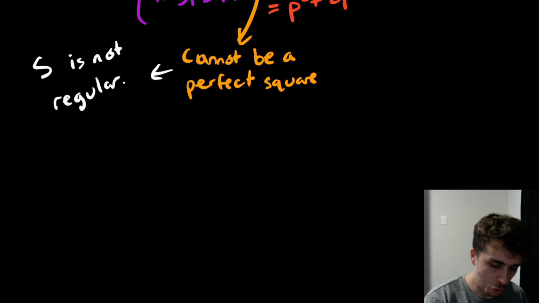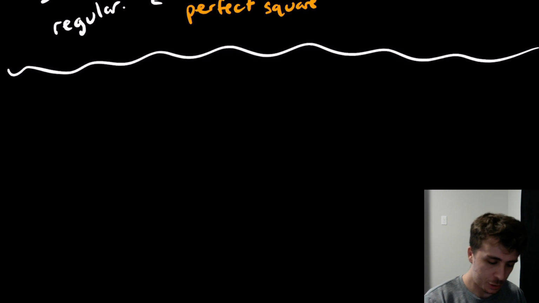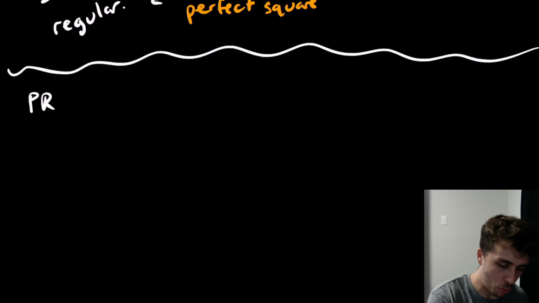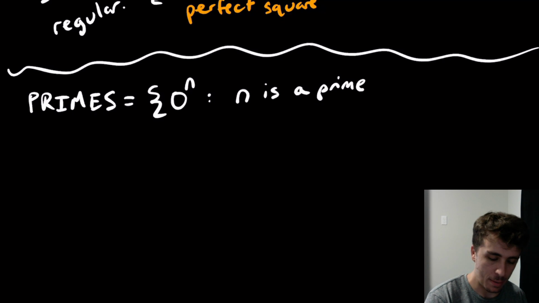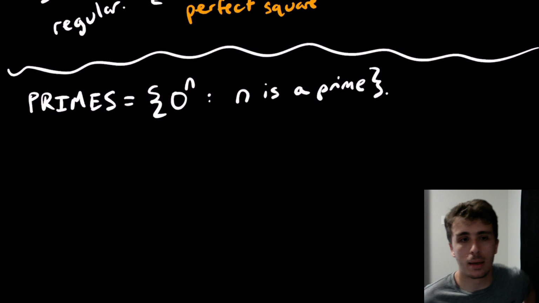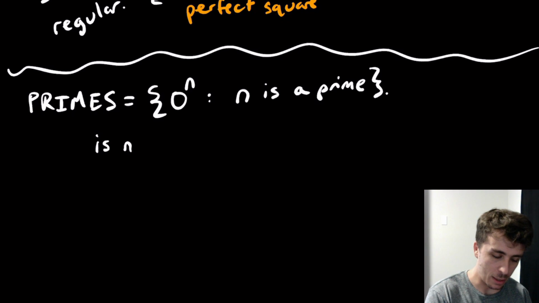Okay, so let's do one more language. I'm going to call this language primes. So this is going to be 0 to the n, where n is a prime number. And what I want to do is show that this is not regular either.